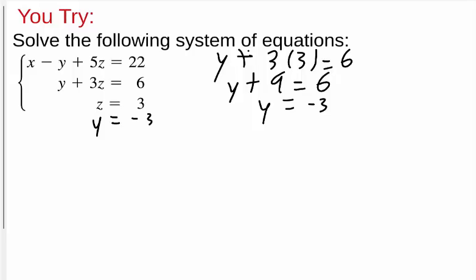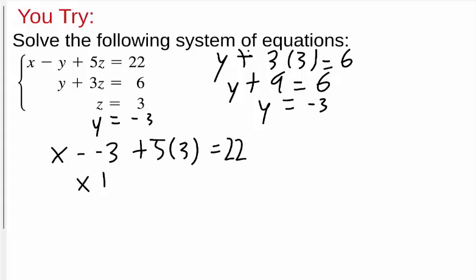So now we plug into the first. X minus a negative 3 plus 5 times 3 equals 22. So minus a negative is plus a positive, so x plus 3, 5 times 3 is 15, plus 15 equals 22.